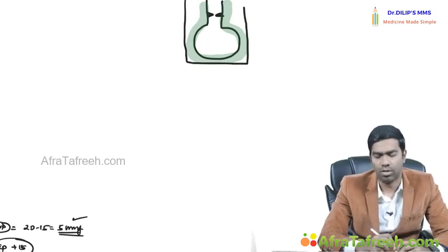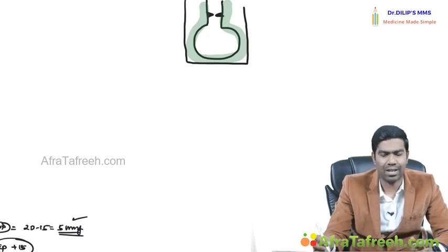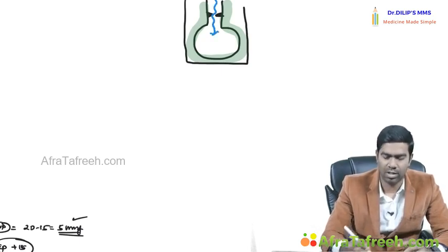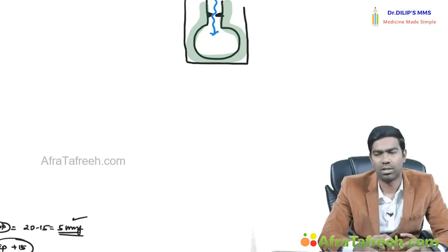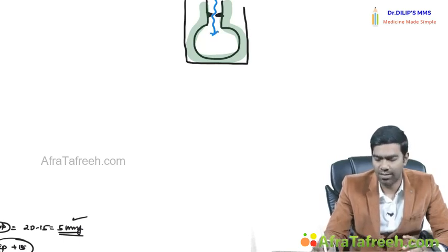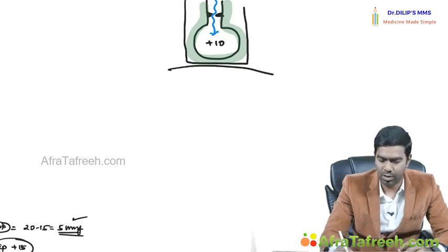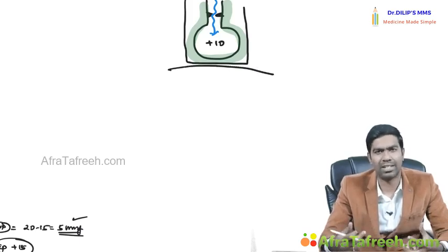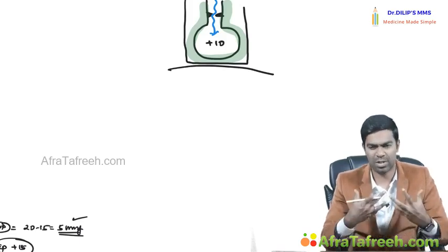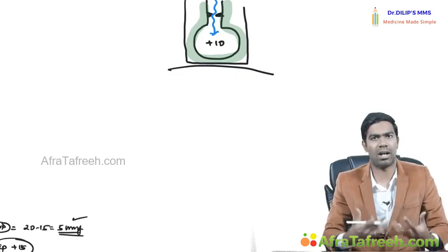Alright. So now, because he is having this obstruction, his incoming air is going to be very less. So the airway distension pressures will be very less. So in this example, let us assume it's only plus 10. But because his air is not coming in against this obstruction, he has to suck, he has to try harder and harder and harder.